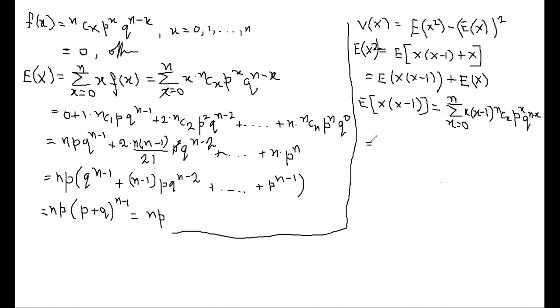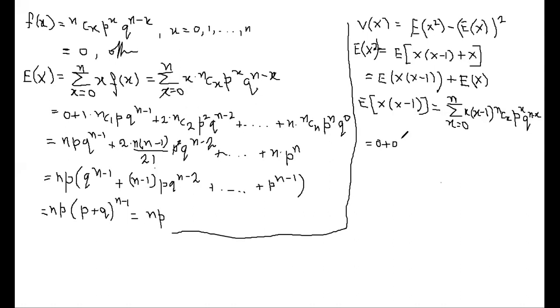As we did while finding the expectation of x, we found the value of this summation. Now we are going to find the value of this summation for expectation of x into x minus 1. Putting the very first value of x, that is x equals 0, what is the first term? 0. Putting x equals 1 in the second term, what is the value? 0.